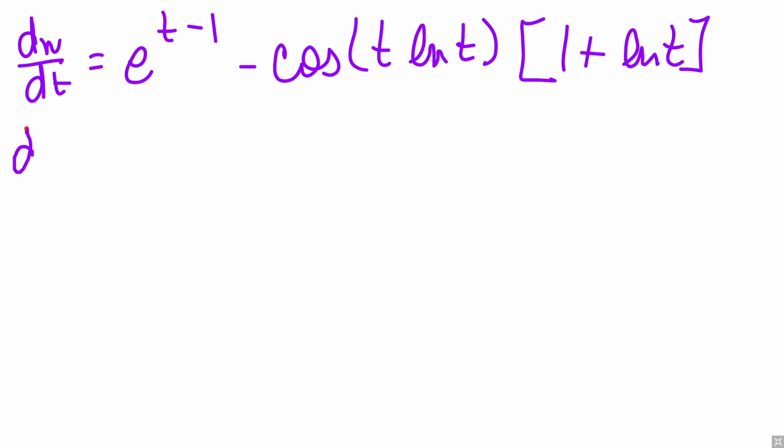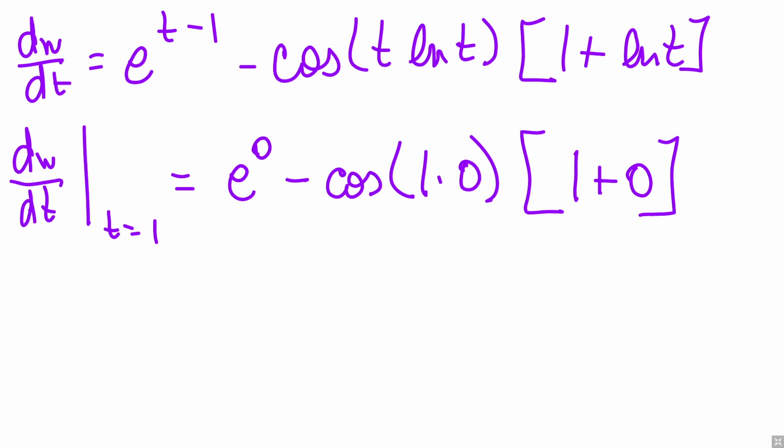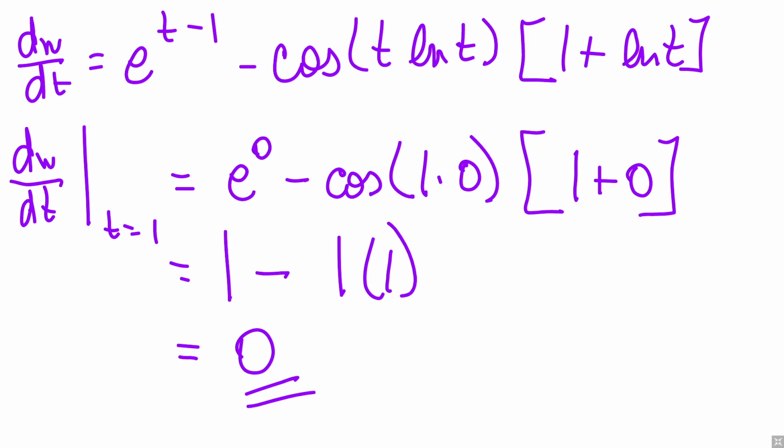If we evaluate this at t equals 1, we're going to have e to the 0 minus the cosine of 1 times 0 times 1 plus 0. So we're going to have 1 minus 1 times 1, and we end up with a value of 0. As you can tell, we still end up with the exact same answer. Any questions?